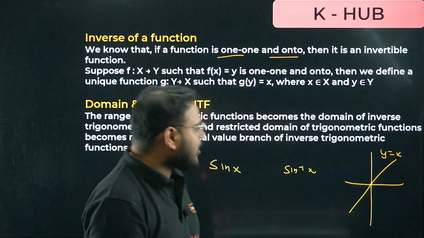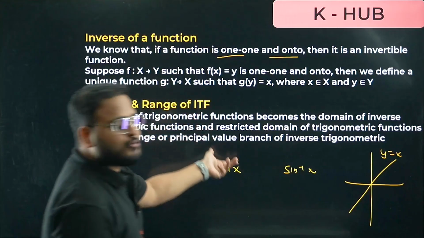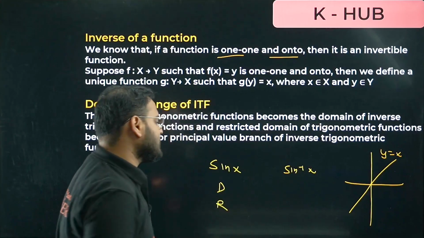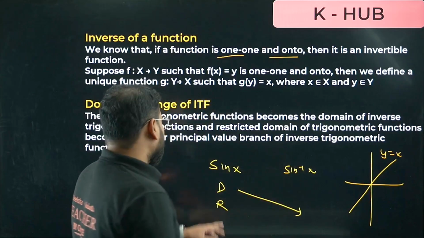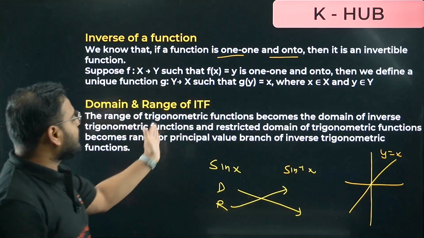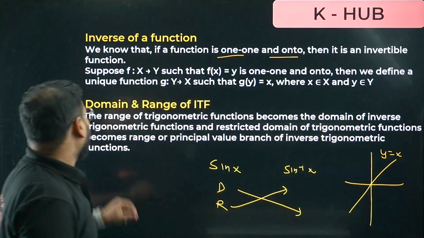Okay, so of course your y and x values are interchanged. So what you get in domain and range of ITF: if let's say the domain of this is given here and the range is given here, what happens? This domain, bacha, will become the range for the inverse function, and this range, bacha, will become the domain of the inverse function. Please check, the range of the trigonometric function becomes the domain of ITF.